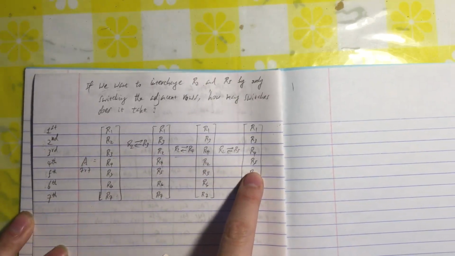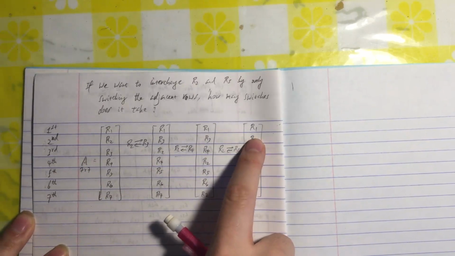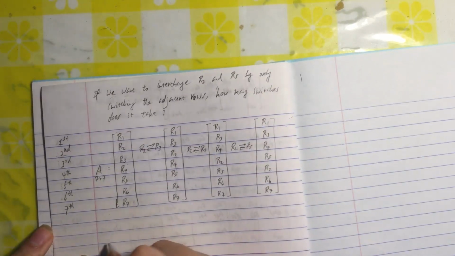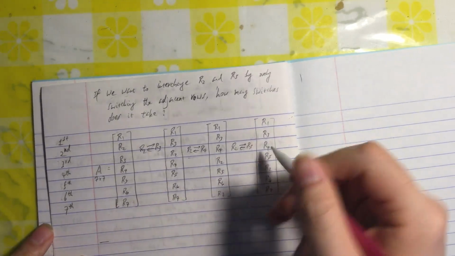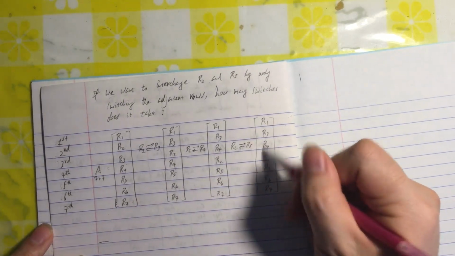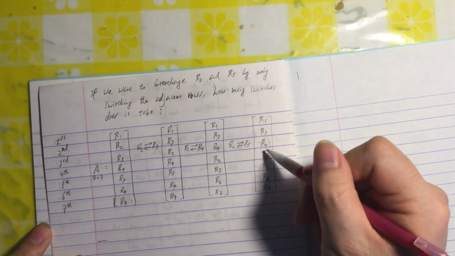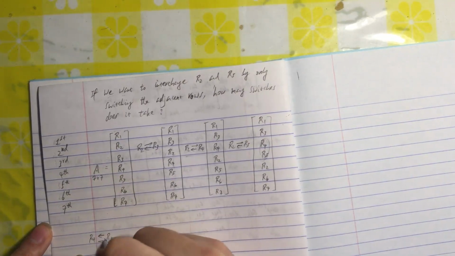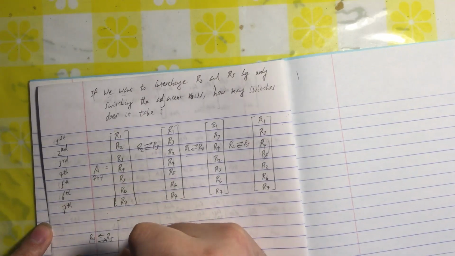Next, I try to move row 5 to the second row. So next, I will interchange row 4 and row 5. They are adjacent rows here.